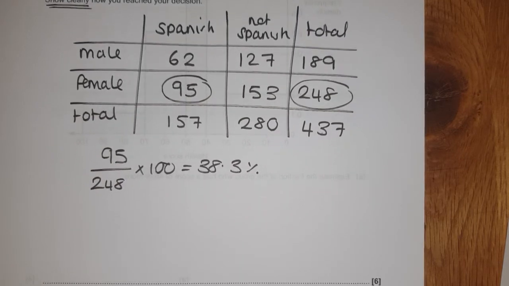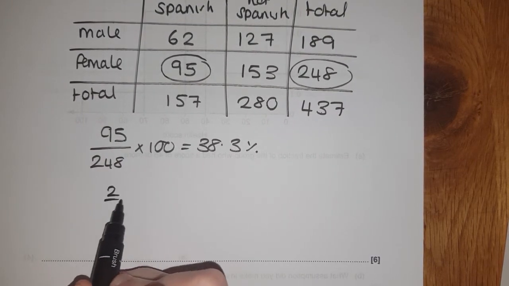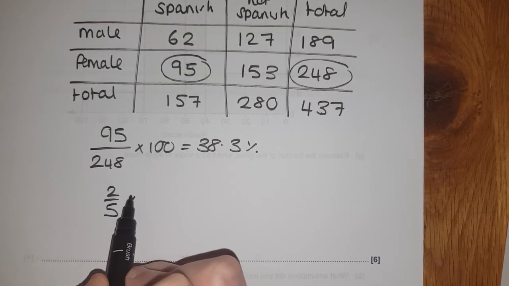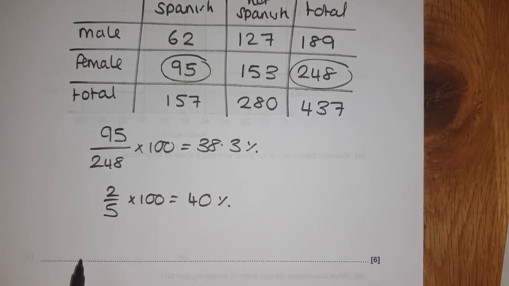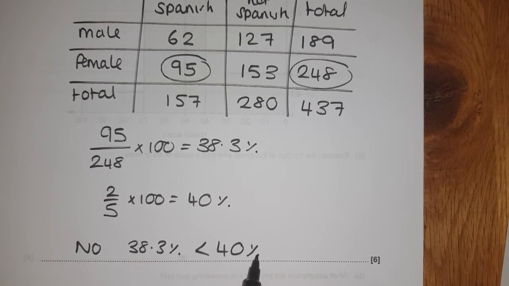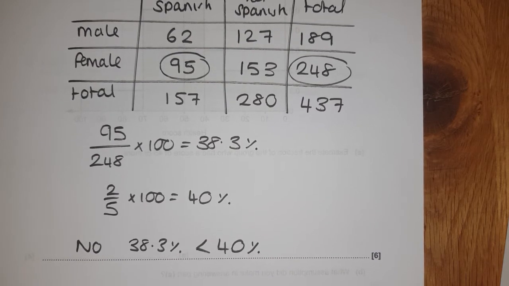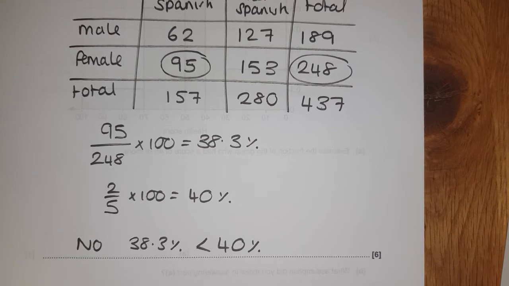He's trying to show that at least 2/5. Well, 2/5 times 100 gives you 40%. So your answer is no, because 38.3% is less than 40%. Okay, you've only got 38% that can actually speak Spanish. Hopefully that was nice and clear.